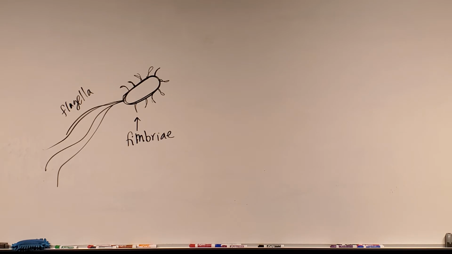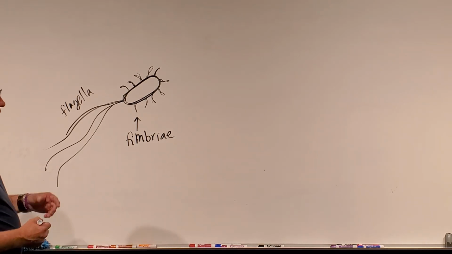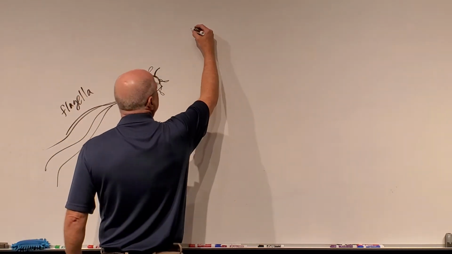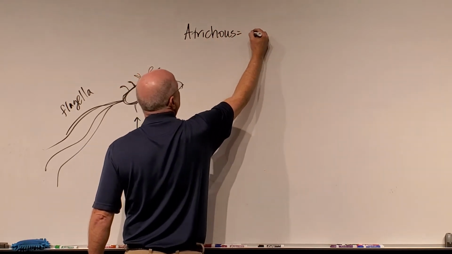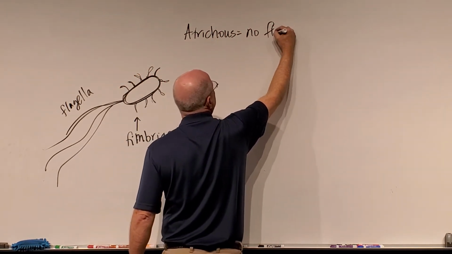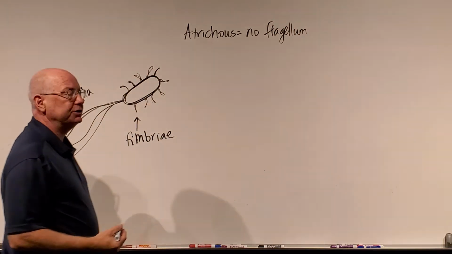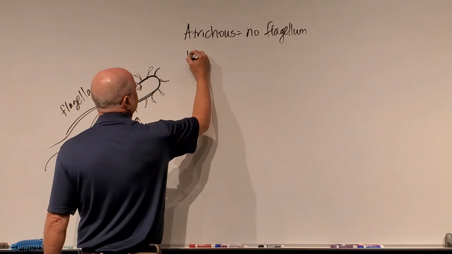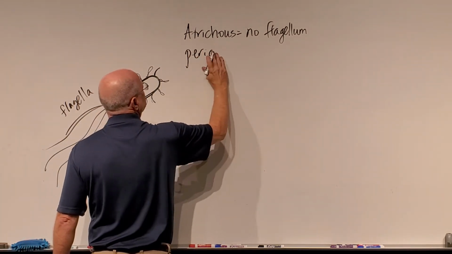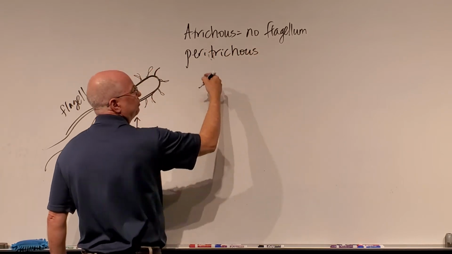Now, I want to focus on flagella for a minute. And when we categorize flagella, the flagella in bacteria, then we can say whether a type of bacterium is atrichous, which means it has no flagellum. Bacteria that lack flagella are said to be atrichous. Okay? If I say that a bacterium is peritrichous, well, you know peri means around from perimeter.